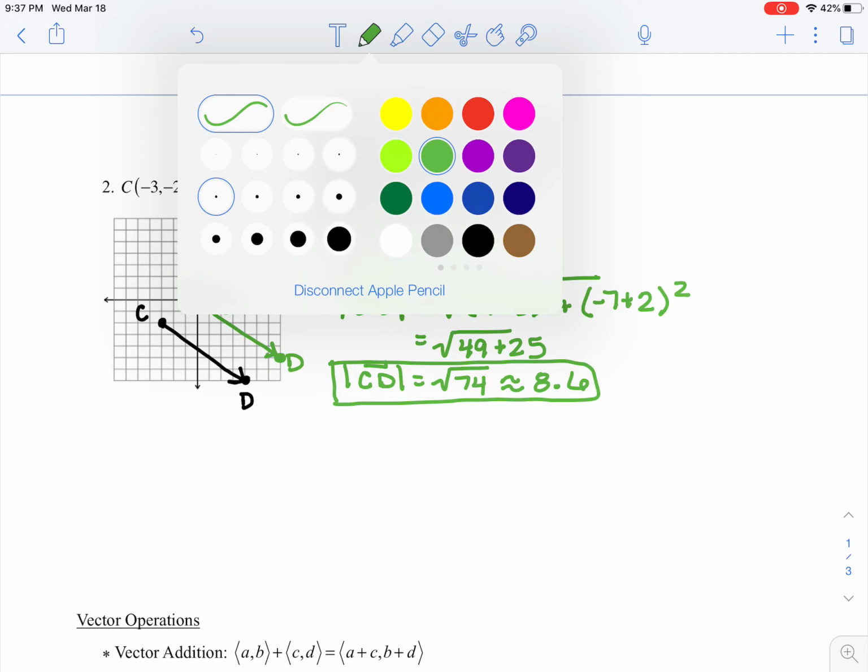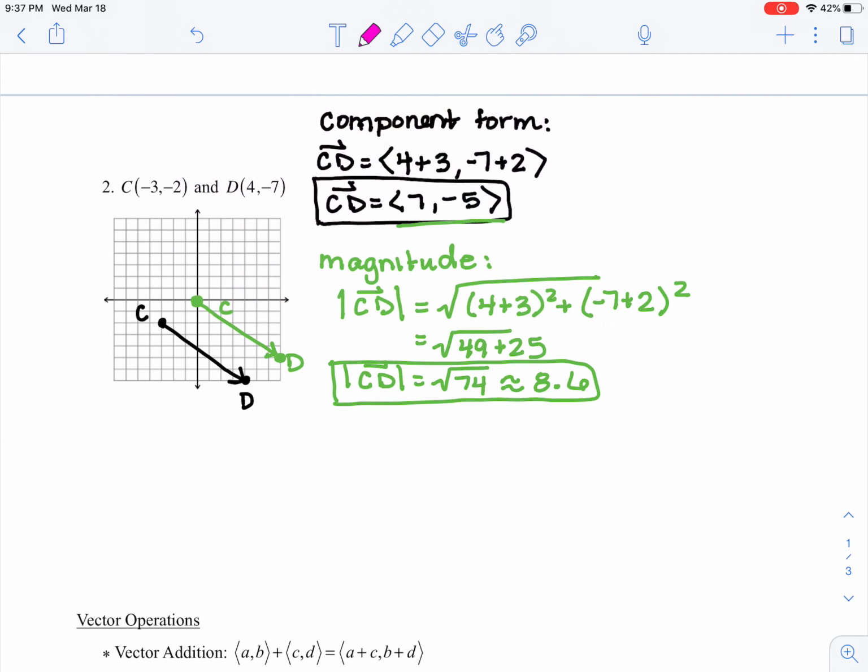Okay, finally we're going to find the direction of our vector. So here's our positive x-axis. From the positive x-axis, always going counterclockwise, this large angle here is the direction for vector CD.